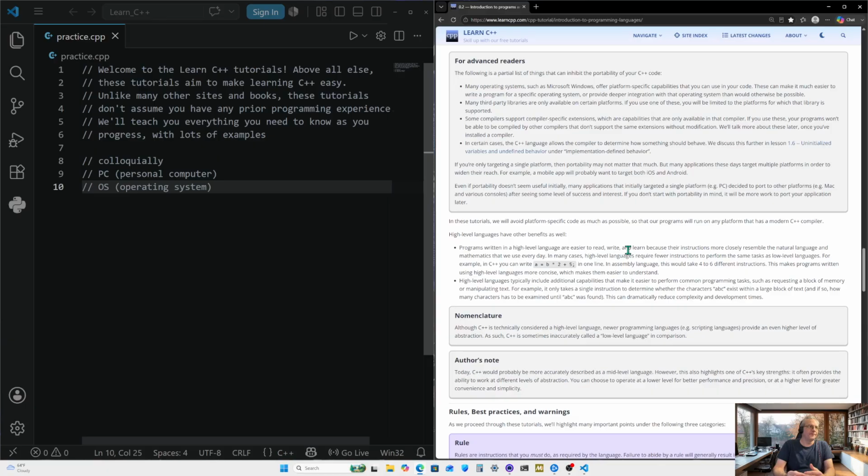So yes, as you can see already, this is stuff right here that you wouldn't learn on W3Schools' website. It's a very basic thing. This right here is getting a lot deeper into understanding what's going on behind the scenes.